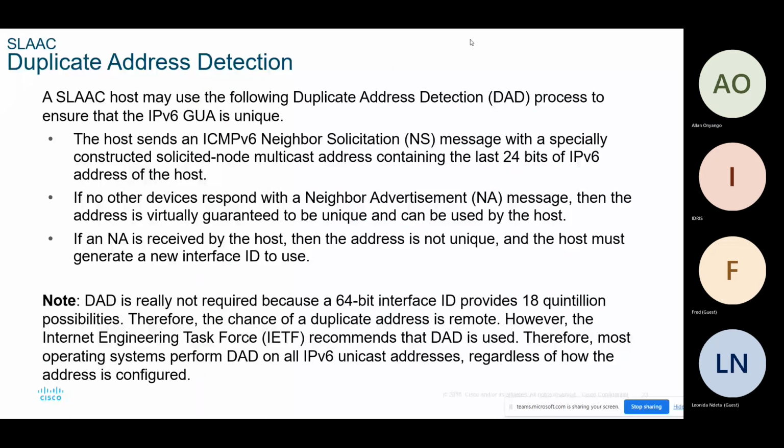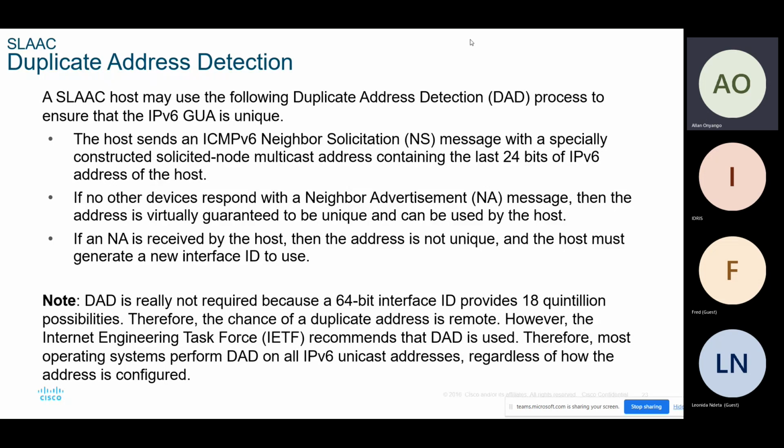Now, because those addresses are always generated automatically, and there's no server managing the allocation, it is very possible sometimes for two devices to create for themselves the same IPv6 address. And so what the PCs will always do is what is called duplicate address detection.